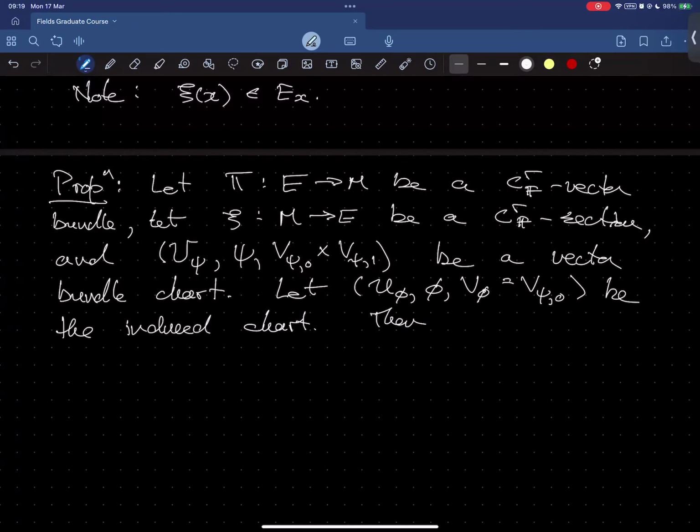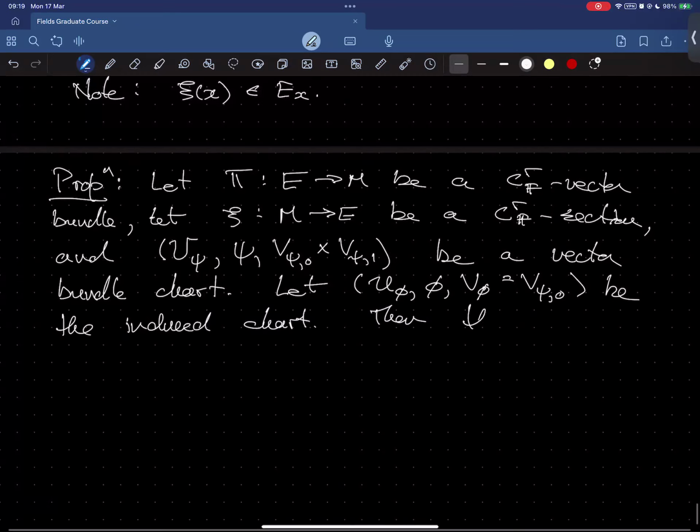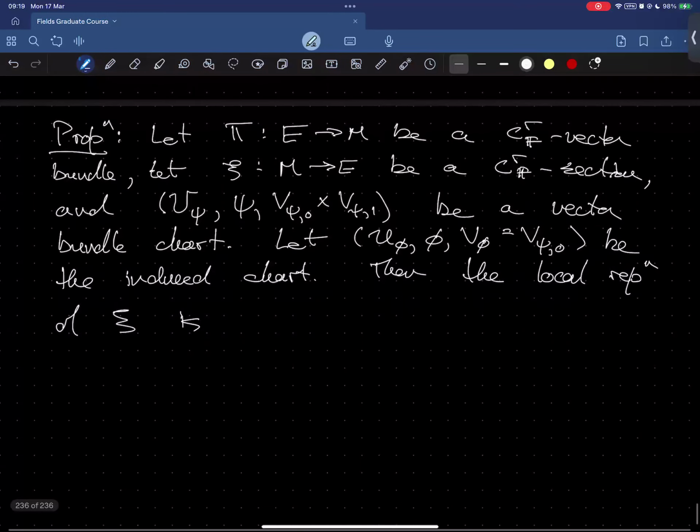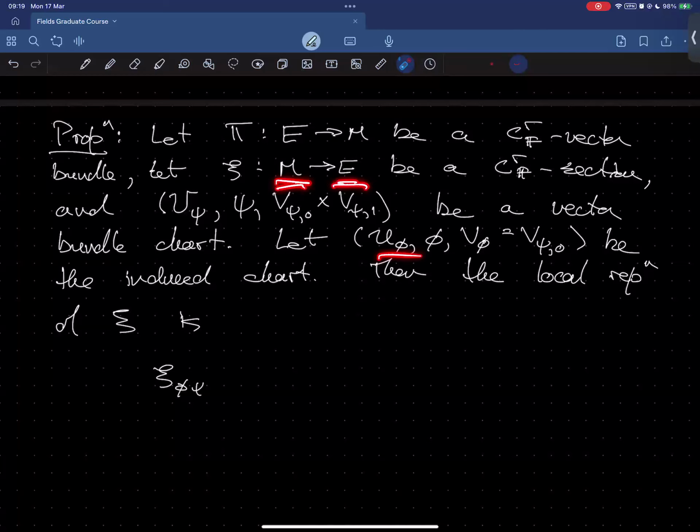Then the local representative of C is C phi psi. So C is a mapping from M to E, and I have this chart for M and this chart for E, right?